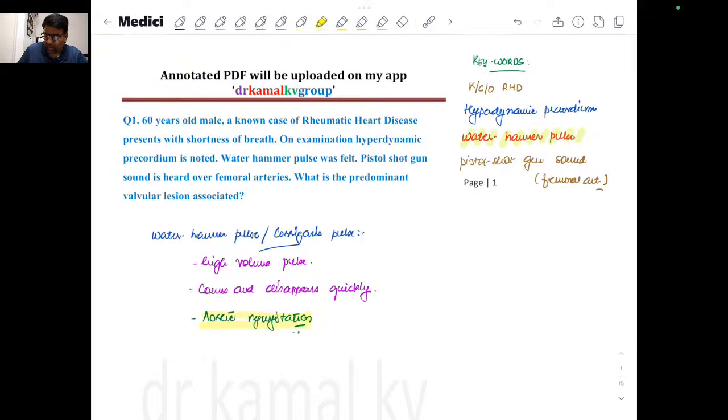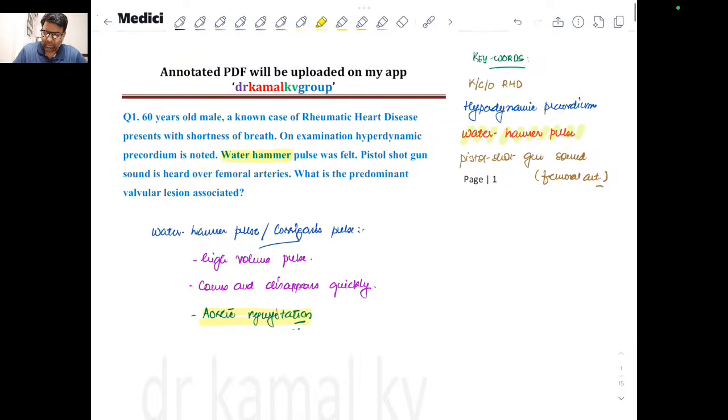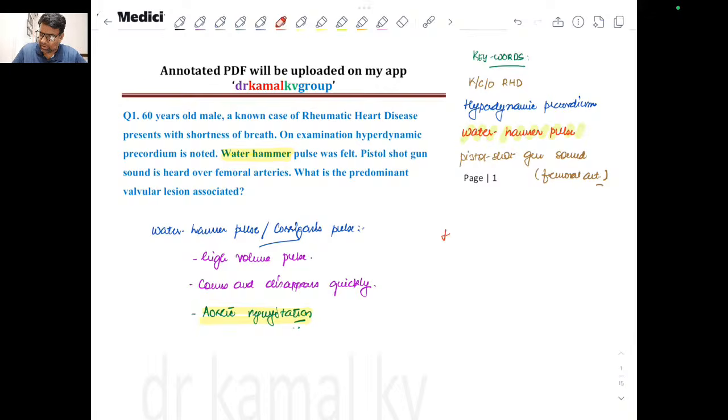So out of this all, if you know only this clue, you can reach your answer, that is aortic regurgitation. Now another keyword given is hyperdynamic precordium. Now what is this term precordium? Pre means before, cordium is related to heart.